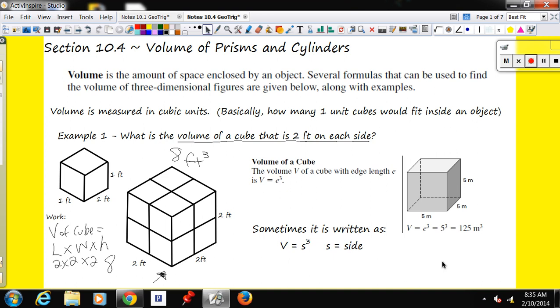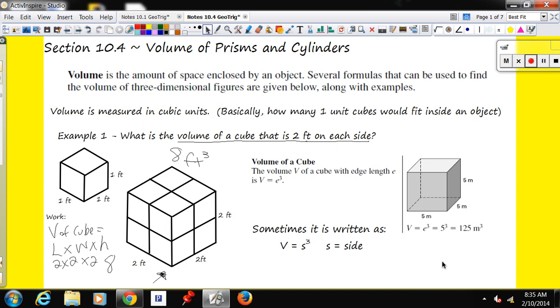Sometimes we write it as S cubed because a lot of times you're going to see volume of a cube as side cubed. They usually use S. In this case, they use E. But S is usually what you'll see for a cube because we talk about sides. So S cubed would be side cubed.